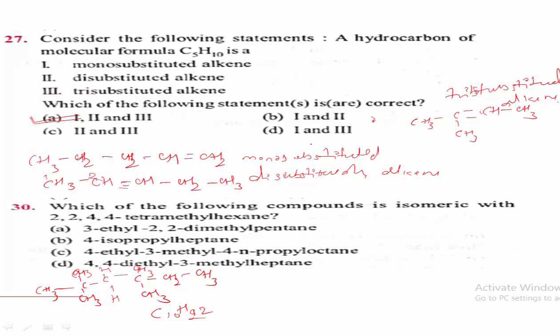Okay, I write the structure like this: 4 isopropyl heptane. Observe carefully. Here one single bond.